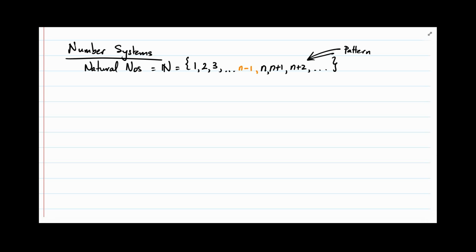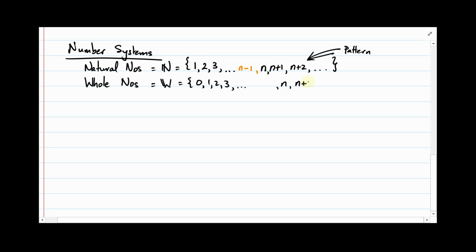All right, let's go on to the next number system. The next number system is the whole numbers. The symbol that we typically use for that is W, and the starting place is a bit different: 0, 1, 2, 3. However, if we look closely at the pattern, we'd have N, choosing a number, let's say 23.